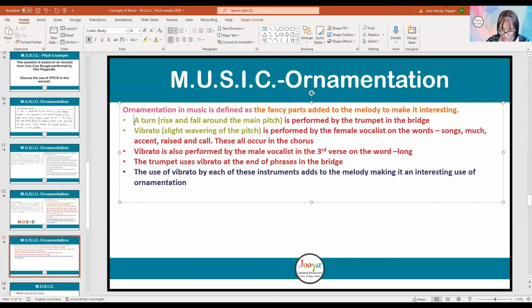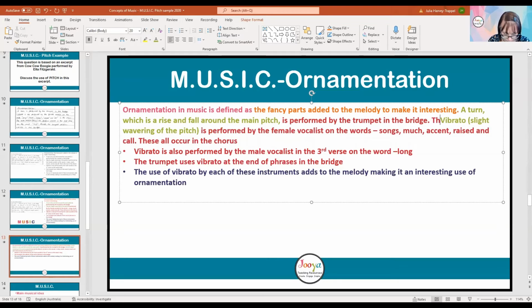A turn, which is a rise and fall around the main pitch, is performed by the trumpet in the bridge. There is a lot of use of vibrato in the excerpt.